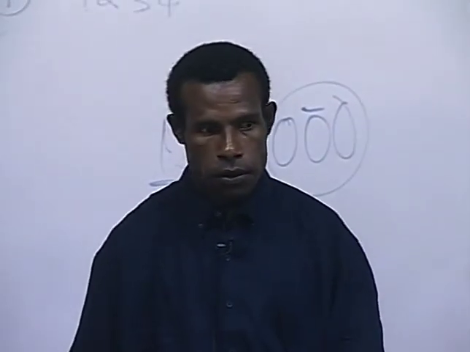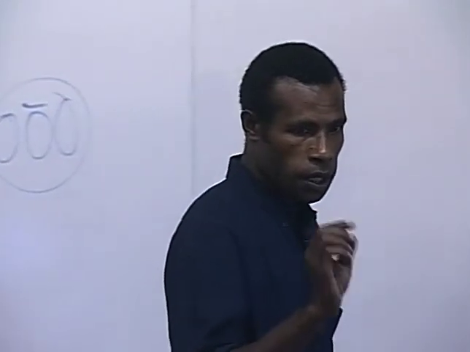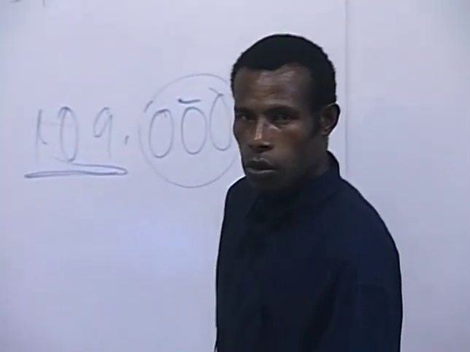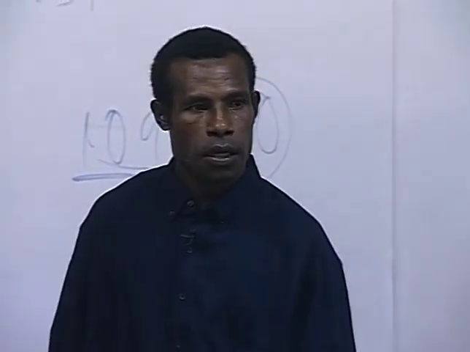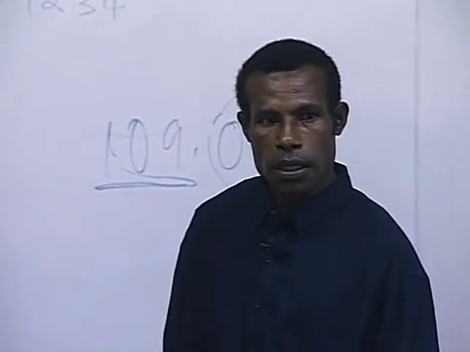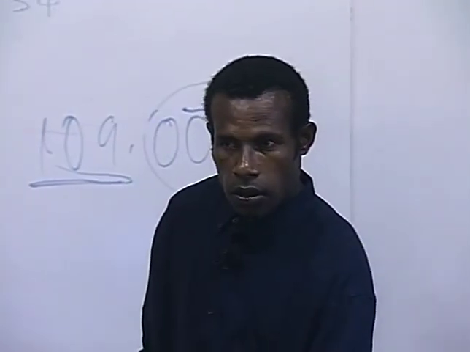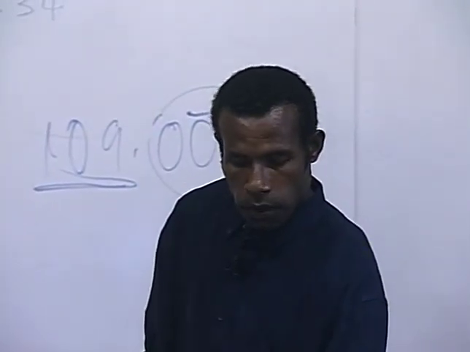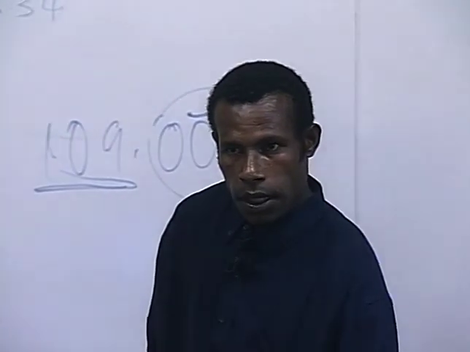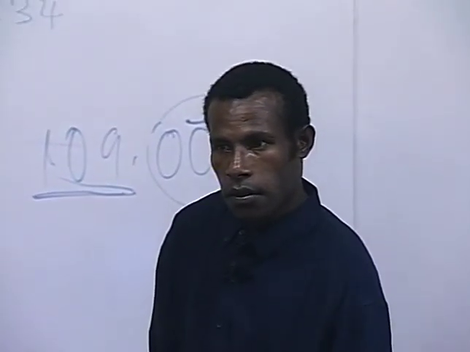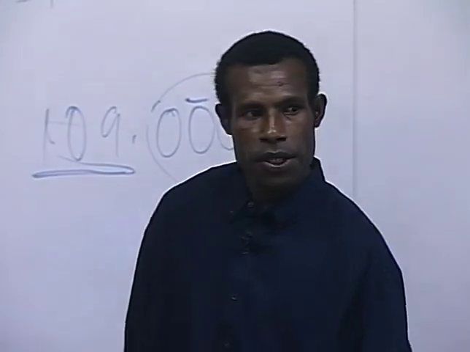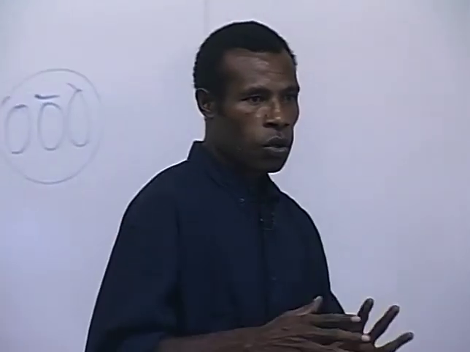Now while you are going through, I'll just give you some hints, and you listen carefully. All non-zero digits are significant. For example, if a number is given as 1, 2, 3, 4, how many significant figures does it have?